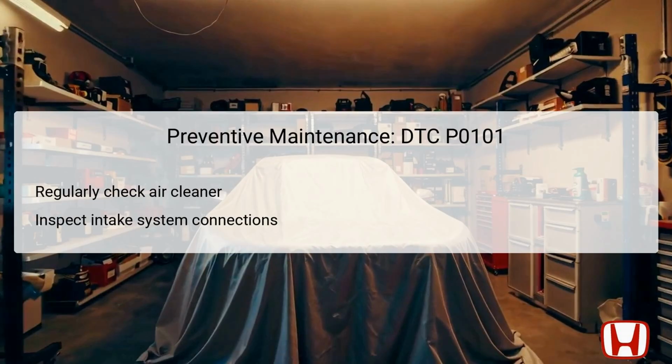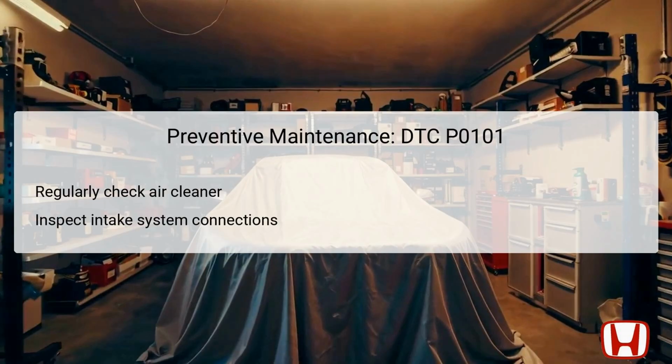While troubleshooting DTC P0101 focuses on immediate repairs, preventive maintenance can help ensure this problem does not recur. Regularly inspecting and changing the air cleaner is crucial for maintaining optimal airflow into the engine, as a clean air filter promotes better MAF sensor function.